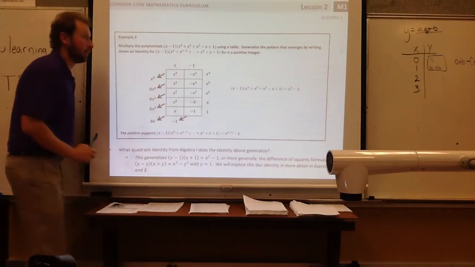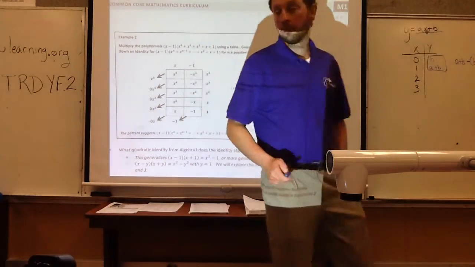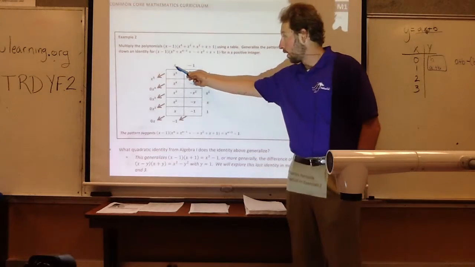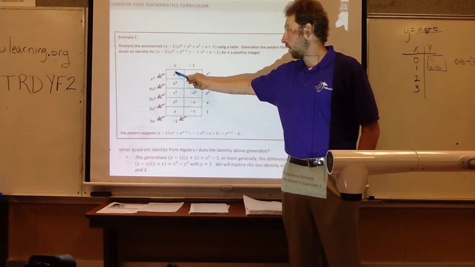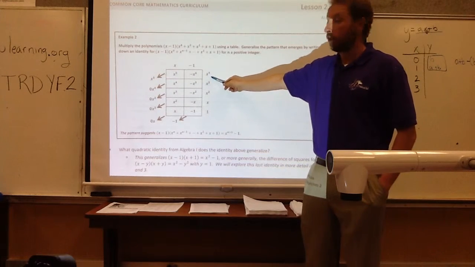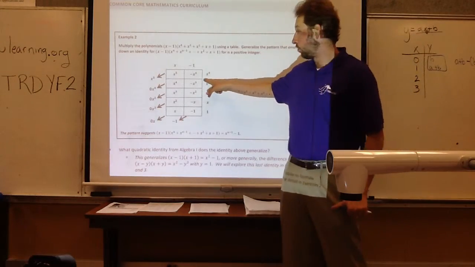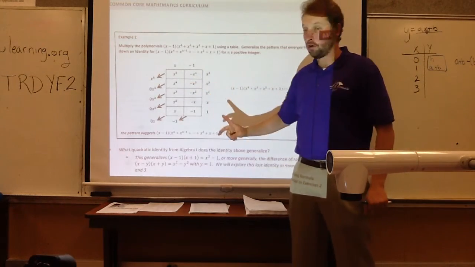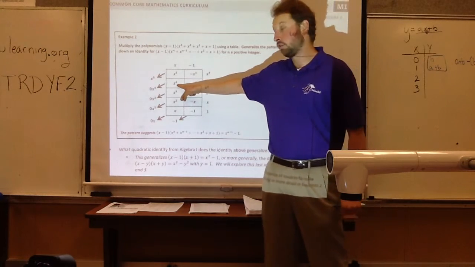Right, all from there. We complete the tabular method by filling out x times x to the fourth is x to the fifth. Right? 1 bigger than what we started with, x to the fourth. We do the rest, but what you start to notice is that x times x cubed is x to the fourth.